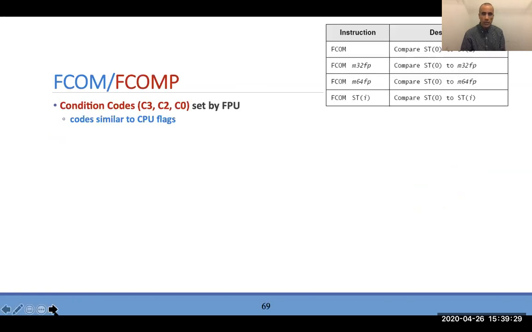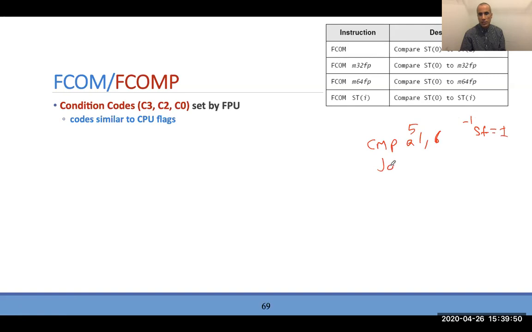And we know in the integer register, when we say compare is subtract, we compare AL, which has a 5, with 6, right? So we're going to subtract 6 from 5, and the result is going to be -1. So the sign flag is going to be raised, right? And based on that, the J instruction is going to decide.